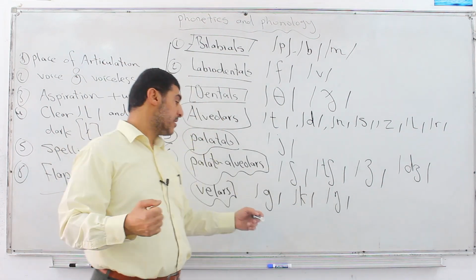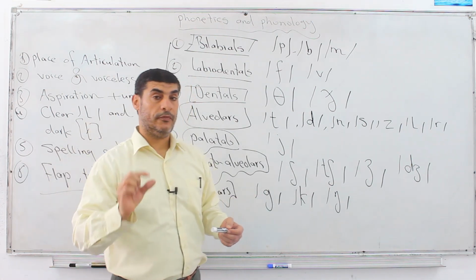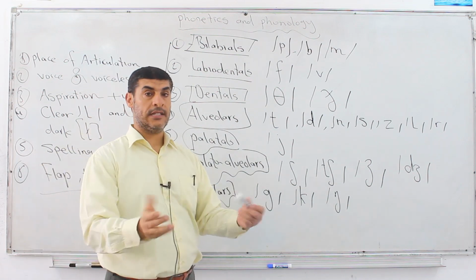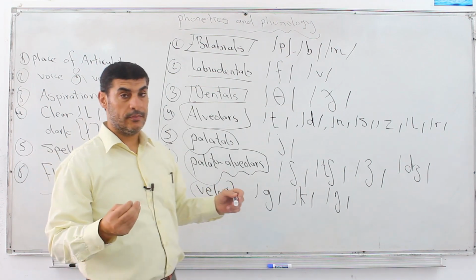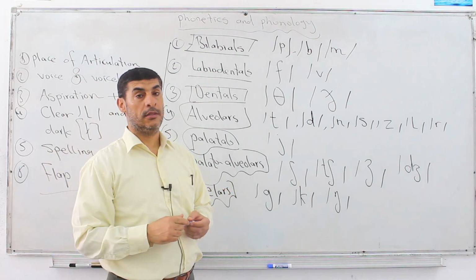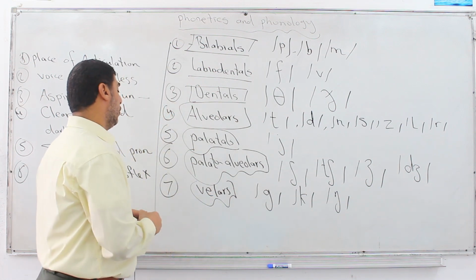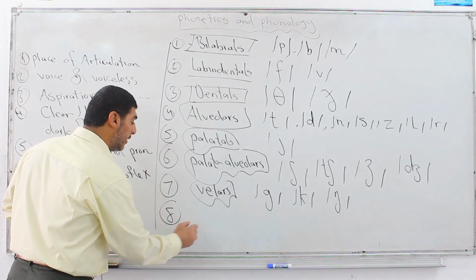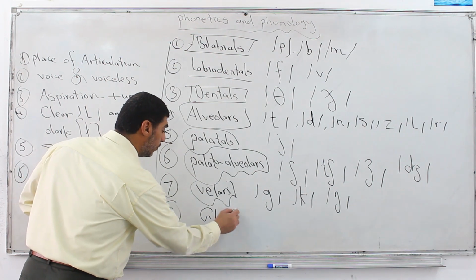Okay, what happens when I say g, k, ng? You will find that the back of your tongue is raised to touch the velum or the soft palate. Right? So ga, ka, and ng. Okay, and then we have the last articulator, that is glottal.